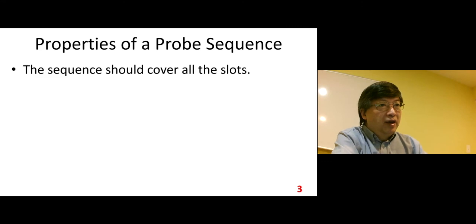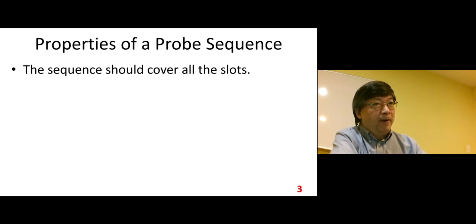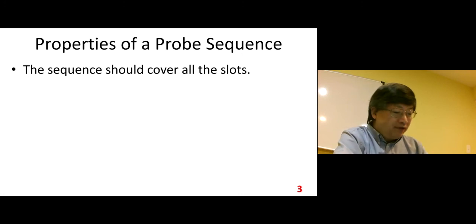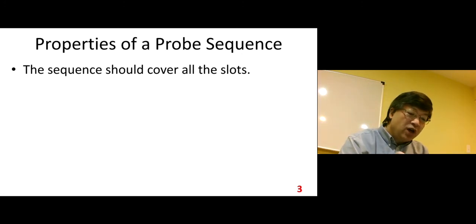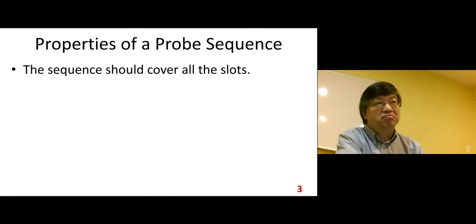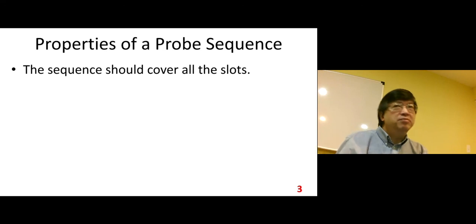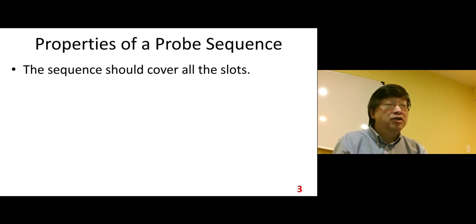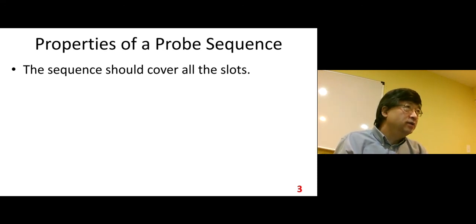What properties do we need for a probe sequence? The first one, the sequence should cover all the slots. It should not miss any one. Otherwise, your hash function design is really bad.